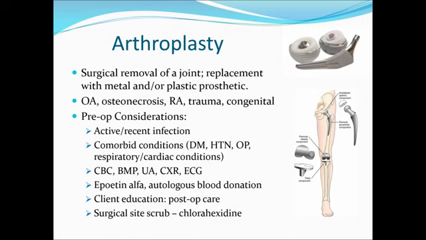Because there is the risk of blood loss during this surgery, if the patient is anemic, they may consider using epoetin alpha, which will help stimulate the bones to produce more red blood cells, or the patient may elect to donate their own blood to receive it back during surgery as needed.